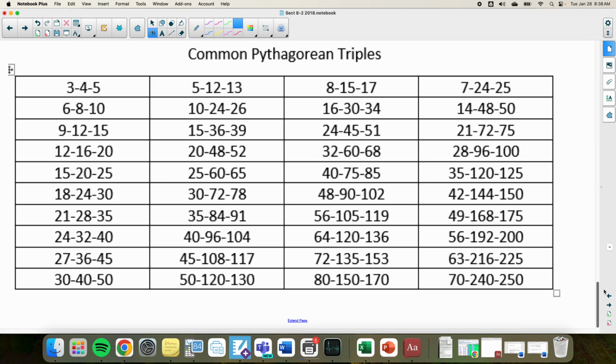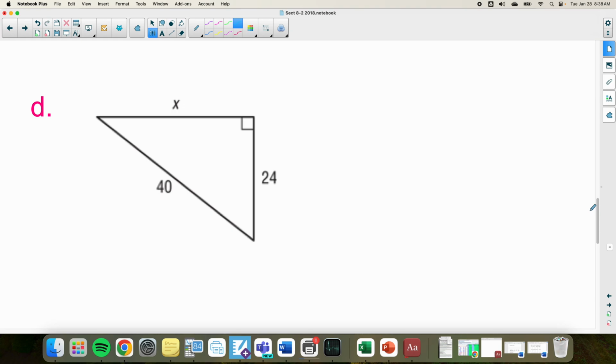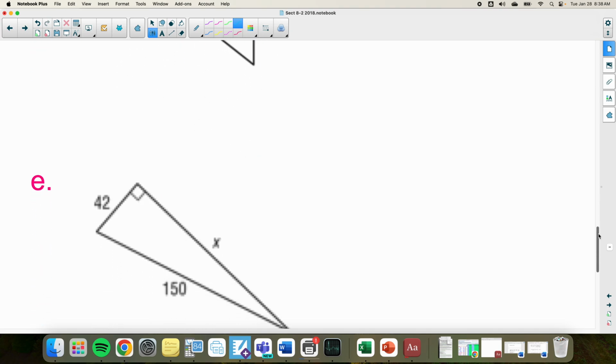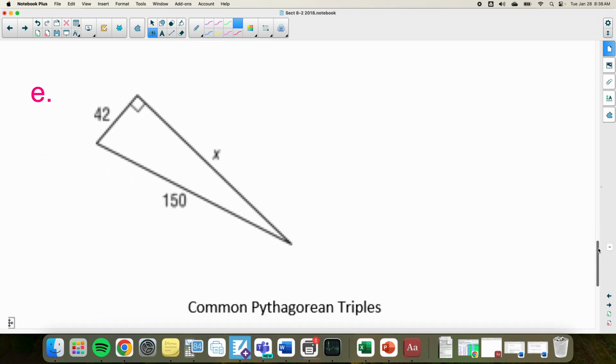So if I look down here for 40, here's one, 24, 32, 40.